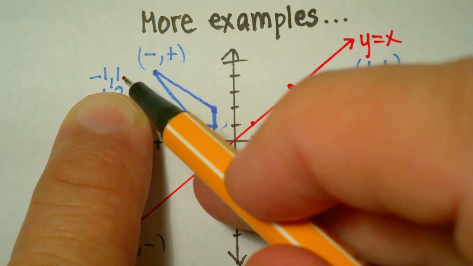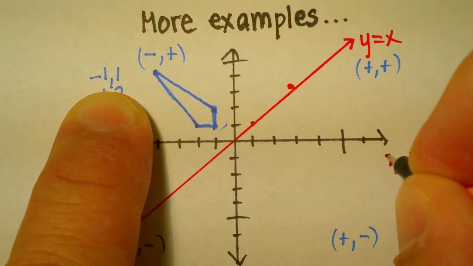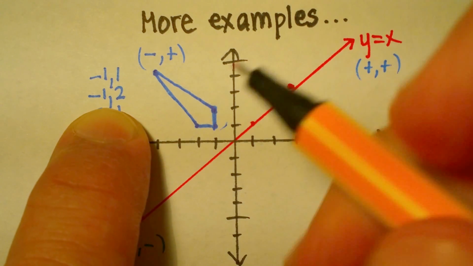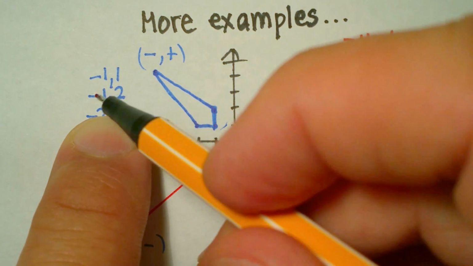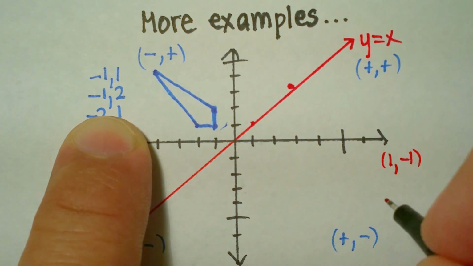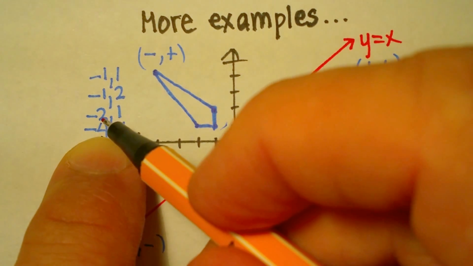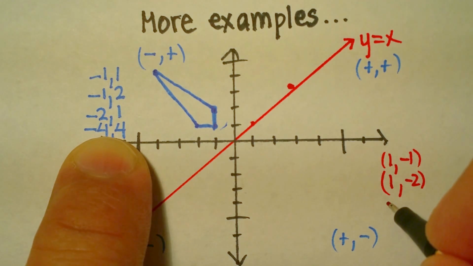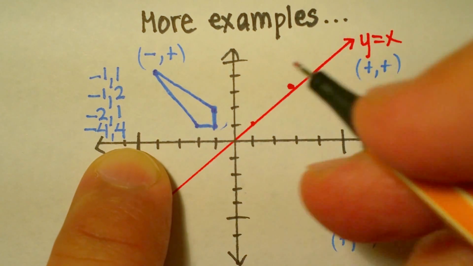So instead of (-1, 1), let's assume that it would be (1, -1). Instead of (-1, 2), let's go with (1, -2). Let's go with (2, -1). And finally, let's go with (4, -4).